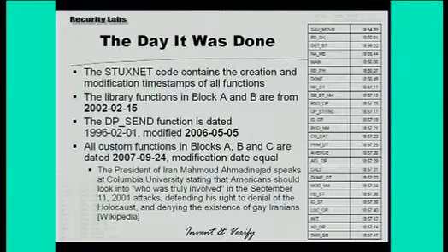To the right you see all the functions that got compiled, and you see from its local time, wherever it was compiled, that this was a clean compile run. So it doesn't actually look faked. The library functions in block A and B are from 2002. The dpsend function that is backdoored was backdoored in 2006. And Stuxnet PLC code was compiled in September 2007.